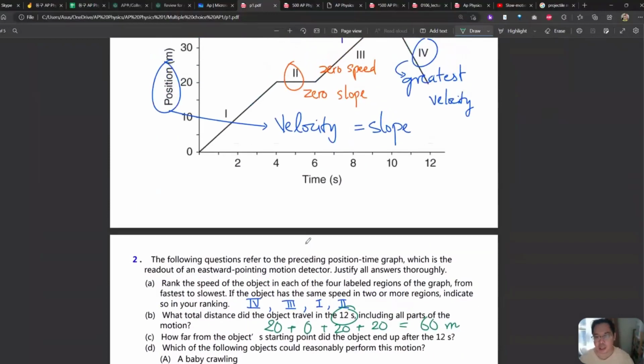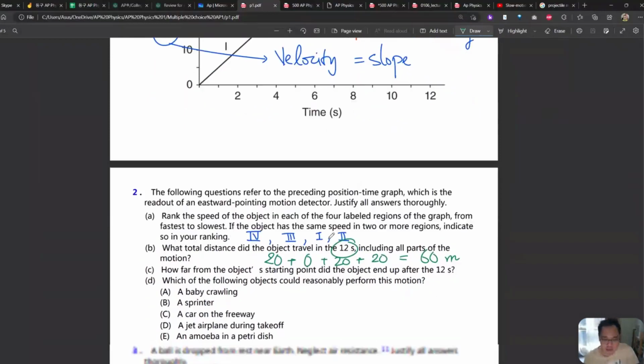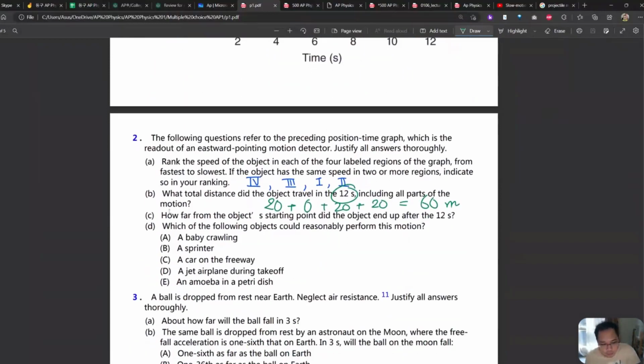It means the displacement. 20 meters, exactly, 20 meters. How far it ended up? Take another color. It is a 20 meter displacement.